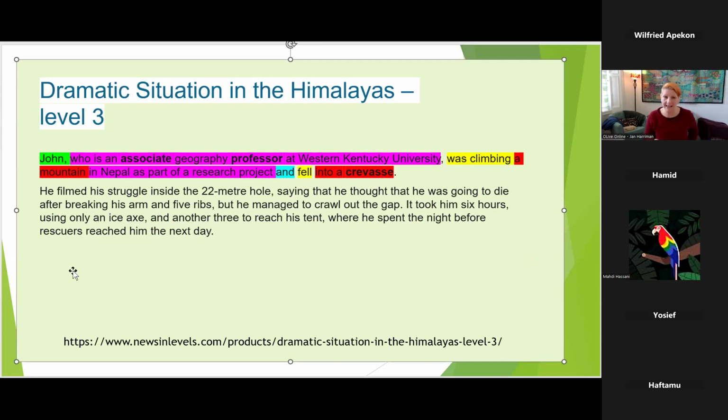So look at that, a complex compound sentence. That's what we're aiming for. This is why we build them up. This is why I show you how to find the core sentence, how to start with a core sentence and add those clauses to it.